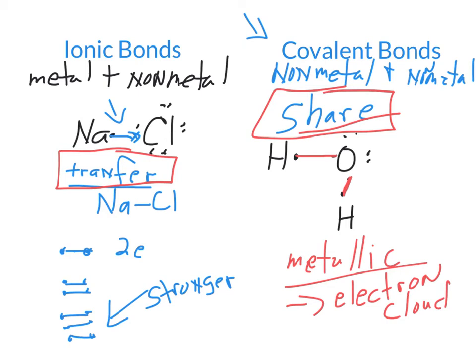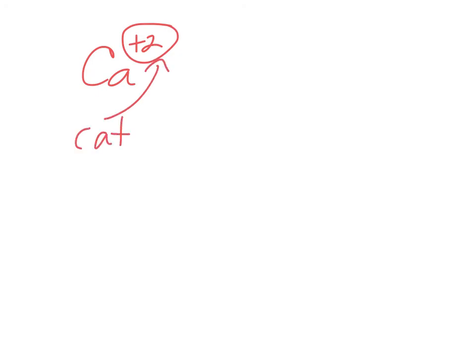Now, the covalent bonds do not go with your oxidation numbers like the ionic bonds. So with ionic bonds, if you had a +2, remember that oxidation number, if it's positive, it's a cation. Now, those cations lose those electrons, okay?